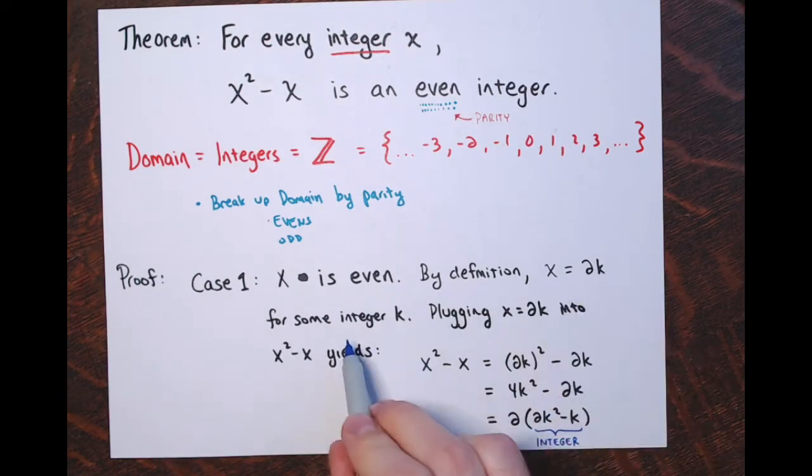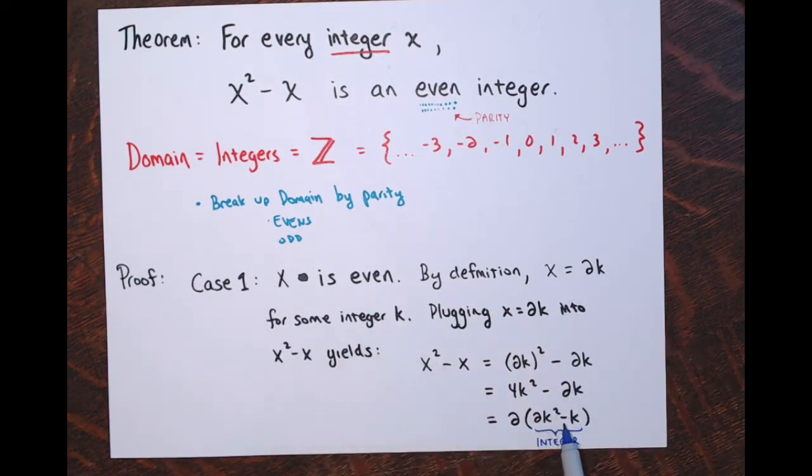Since k is an integer, 2k squared minus k would also be an integer, because remember, integers are closed under multiplication, addition, and subtraction. So x squared minus x is an even integer.